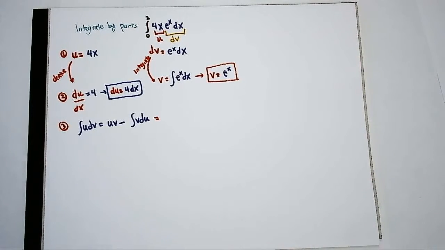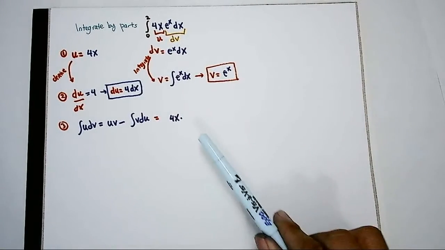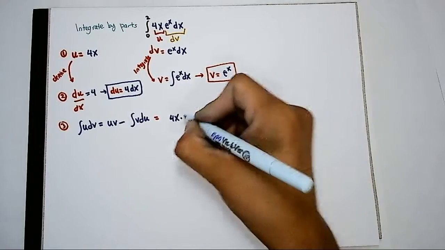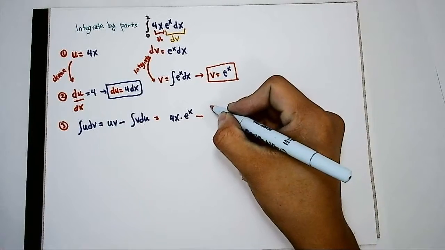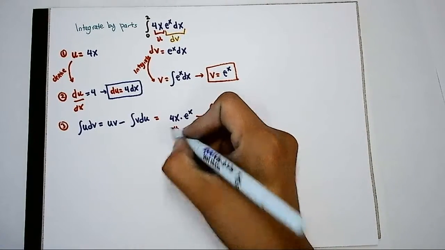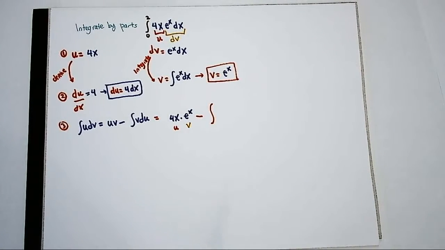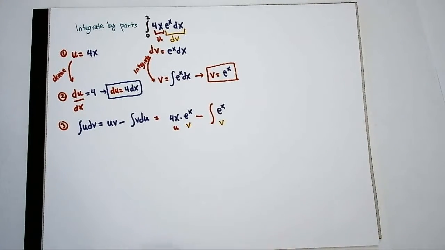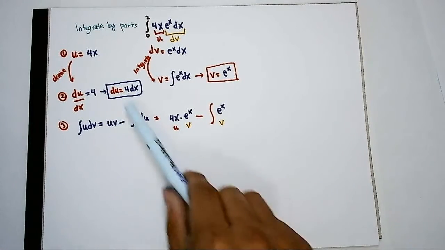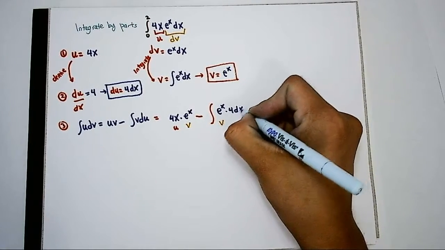Here we have u, which is 4x, times v, which is e to the x, minus, so this was u, and this was v, minus the integration of v times du, which is 4 dx.